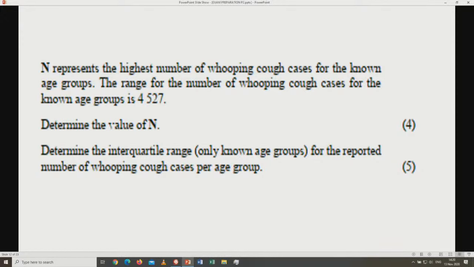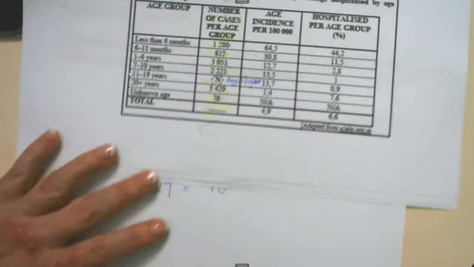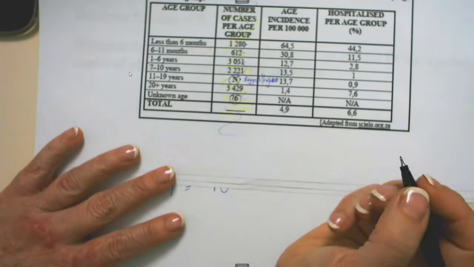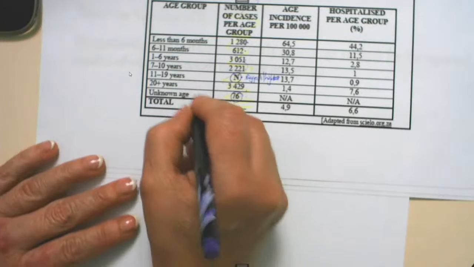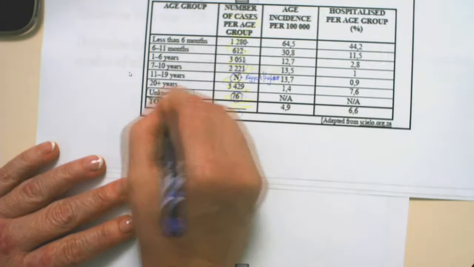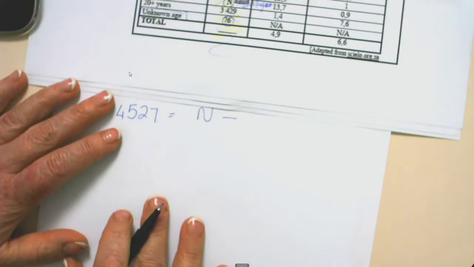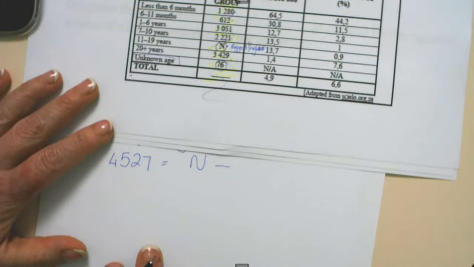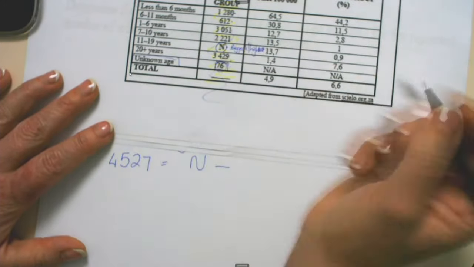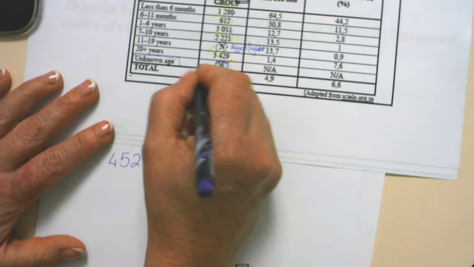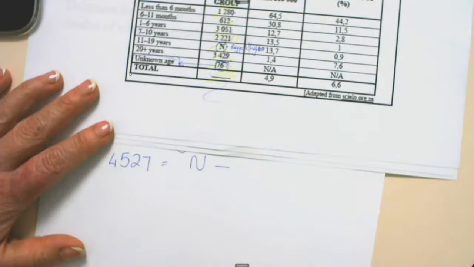So those age groups that they know what they are. And if you now go back and you go to here, you will see this 76 doesn't belong to the known, it belongs to the unknown. You see, this is what paper 2 likes to do. Paper 2 likes to throw you around a little bit. So the 76, yes, it is the lowest value, but it's the lowest value of unknown age.